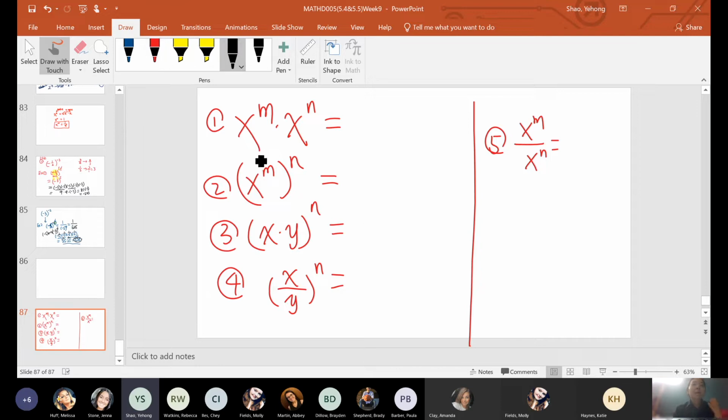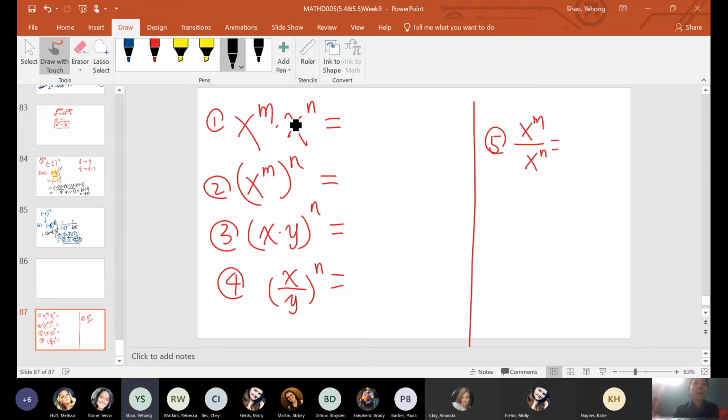But if you just say x to the m times x to the n equals x to something, it's not really easy to understand. So when we memorize it, I would use sentences instead of symbols. Formulas in symbols look beautiful, neat, clean, and simple, but it doesn't mean it's easy to apply.